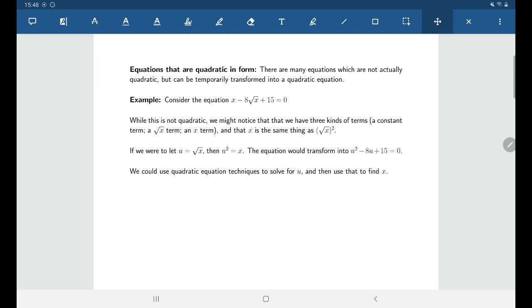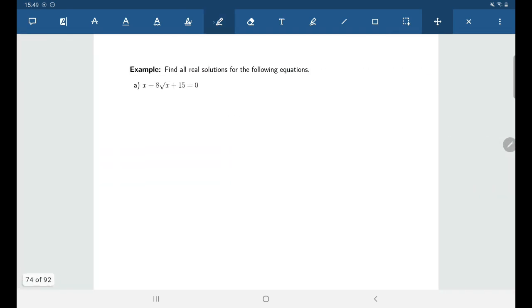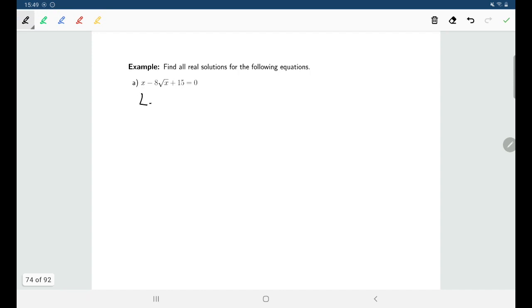So I'm going to do this one, the one that we're just looking at now. We are going to make our substitution where we replace the root of x with u, which means that x would be u squared. If we squared both sides of that equation, root of x equals u, then you would get x equals u squared.